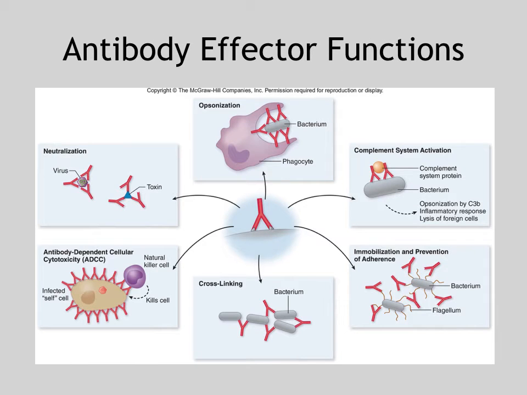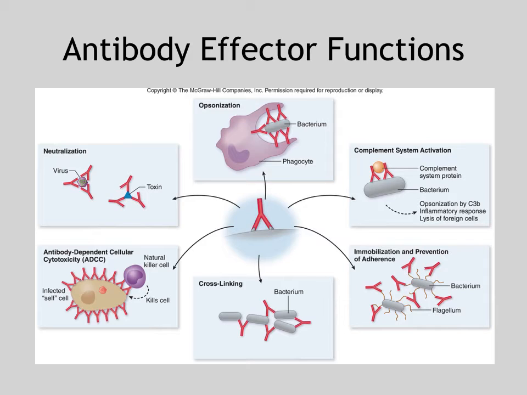So here's just another slide with some interesting pictures depicting the 6 effector functions of our antibodies. So top left, we can see neutralization. These antibodies attach to toxins and viruses, preventing them from being able to gain entry into our cells. Opsonization, this is that receptor-mediated endocytosis that we've talked about multiple times. On the top right, complement activation using antibodies. So that would be the classical activation pathway.